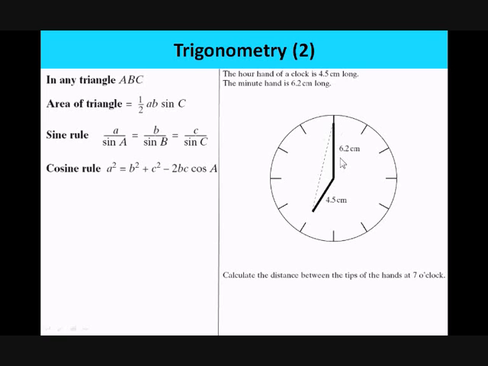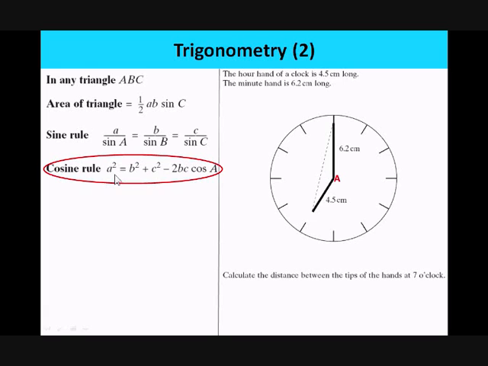We know this is 6.2 centimeters, but we don't know what the angle opposite is. And we know that this is 4.5 centimeters, but we don't know what the angle opposite that is. So we can't use the sine rule, because for that you need to know a side and the angle opposite it. So we're going to have to use the cosine rule.